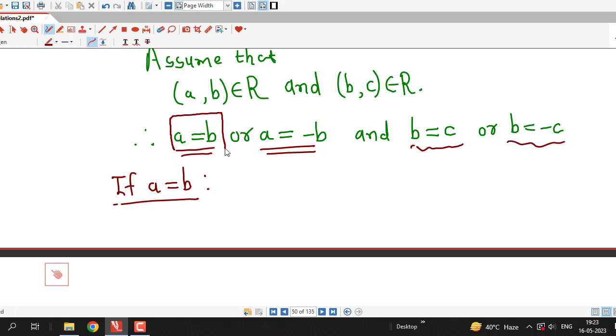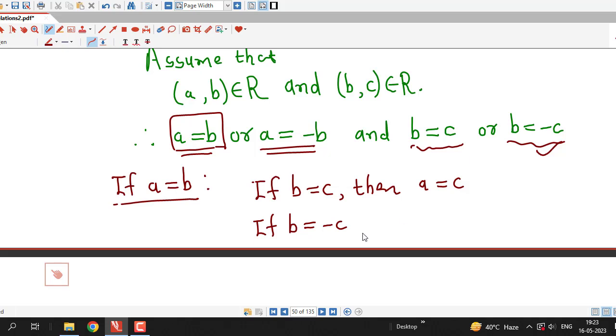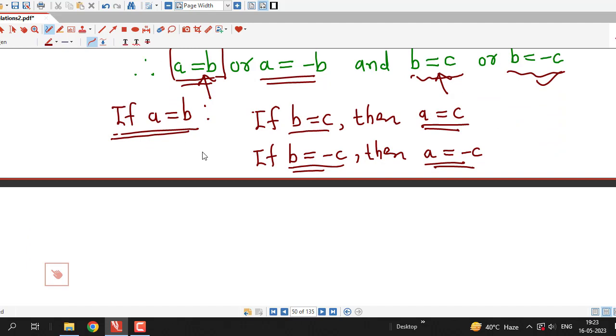Suppose A equal to B and suppose B is equal to C. In this case, because A is equal to B and B equal to C, we have A equal to C. And if B equal to minus C, that is second possibility, then because A and B are equal, A equal to minus C. So whenever we have B equal to C, we have A equal to C, and whenever we have B equal to minus C, we have A equal to minus C. So if A equal to B, then we have A equal to C or A equal to minus C. That means (A, C) belongs to R.